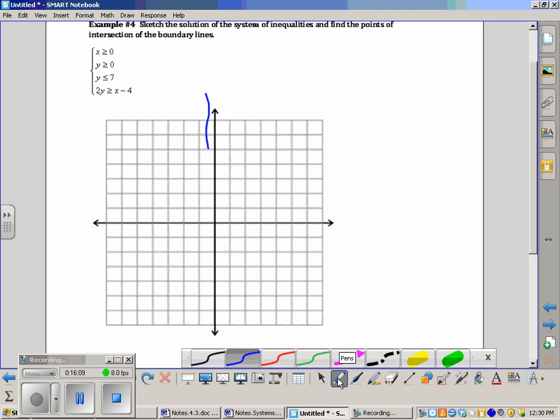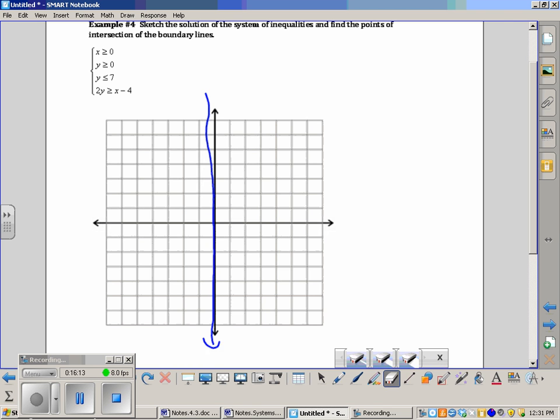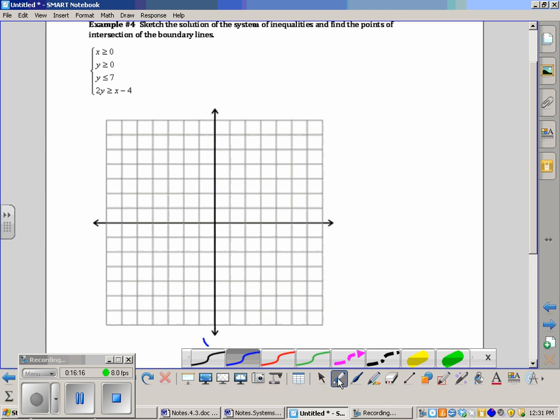We have a vertical line at x equals 0. If you want points that are greater than 0, that's got to be points to the right. We have y is greater than or equal to 0. So that's another solid line with points above the line y equals 0.